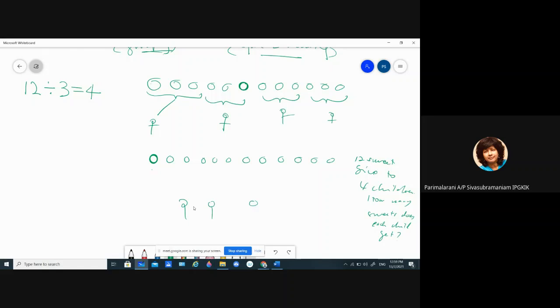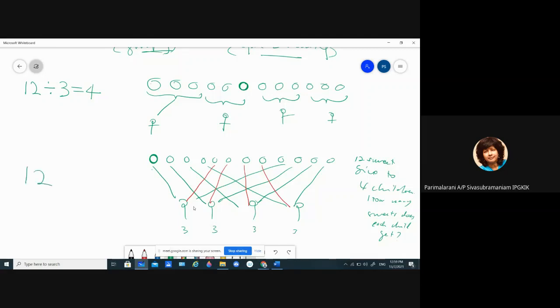I give 1 to this child, 1 to this child, 1 to this child, 1 to that child. Then I do again because I want to divide equally, each one gets 1. Then I do again. So now how many does each child get? 3, 3, 3, 3. So what is the division sentence? I have 12 sweets and I only know 12 and 4, so I divide into 4 and I get 3.